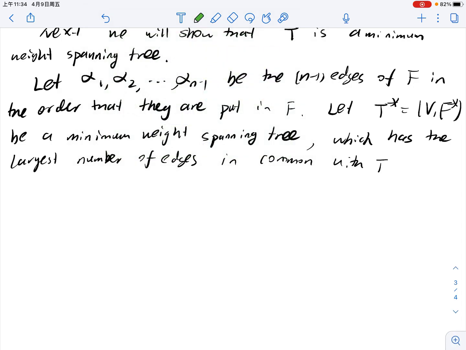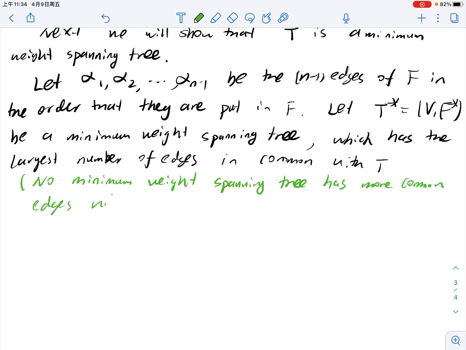So in other words, no minimum weight spanning tree has more common edges with F than F star does.